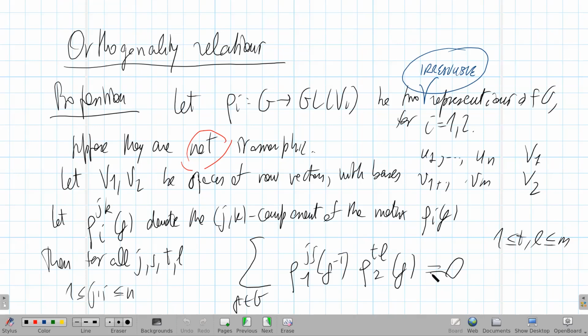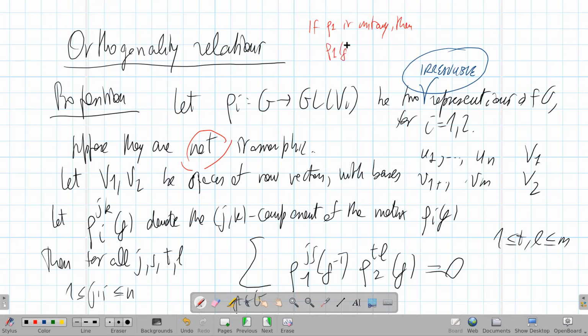Okay. Note that if you take this basis to be a basis with respect to which the representations are unitary, then you can change this, because in that case, if say rho one is unitary with respect to this basis, then rho one of G inverse won't be anything else than rho one of G transpose conjugate, okay?